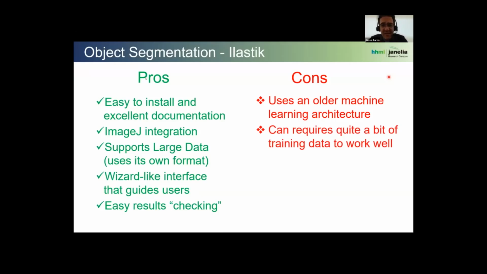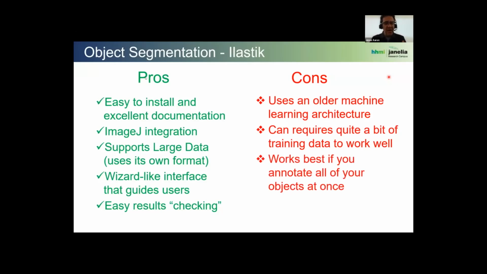And so in part because of this, it can require quite a bit of training data for you to get really good results, especially if you're trying to pick out really subtle features in your images. You're going to have to give it a lot of examples of what that object is going to look like. So that can require a lot of time.